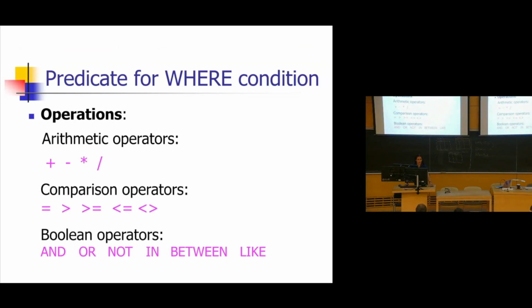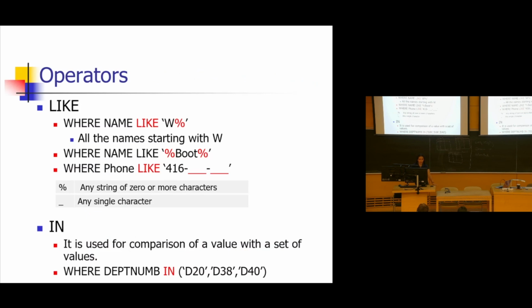You can use several predicates in your where conditions, like arithmetic operations, comparison, boolean, and so on. I also provided some examples for like and in. For example, if you want to search for all the names starting with W, then you write W, and this percentage means anything after that. It doesn't matter, but it should start with W. Or if you want anything that includes boot, does it return something like reboot?